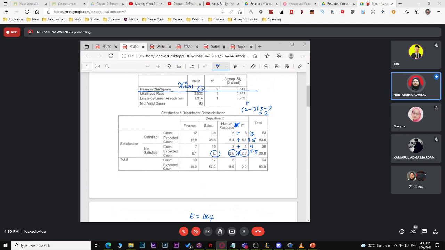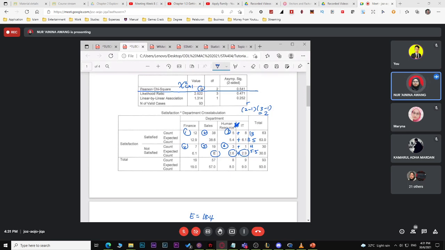Okay. And then for D, D is your chi-square calculated. So for chi-square calculated, you will only have 1, 2, 3, 4, 5, 6. Only 6 instead of 8. You have only 6 since you have combined these two. So there will be only 6 values. So 12 minus 12.9 square over 12.9 plus 38 minus 38.6 square over 38.6. And then this one, 13 minus 11.5 square over 11.5.